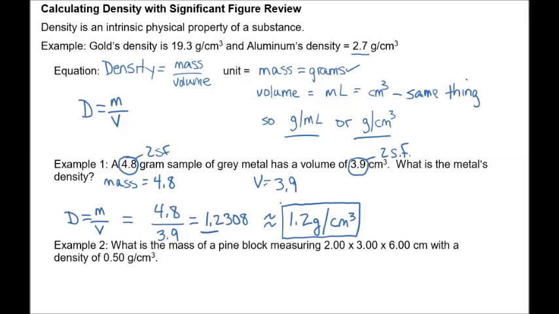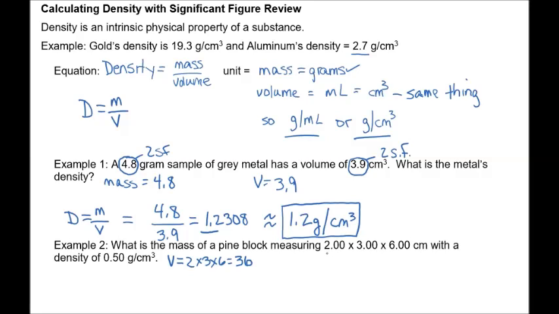All right, let's take a look at another one. We have a pine block that measures 2 by 3 by 6 centimeters with a density of 0.5 grams per centimeter cubed. We need to figure out what the mass is. So our volume is going to be 2 times 3 times 6, which is going to be 36. And let's have the correct number of sig figs here.